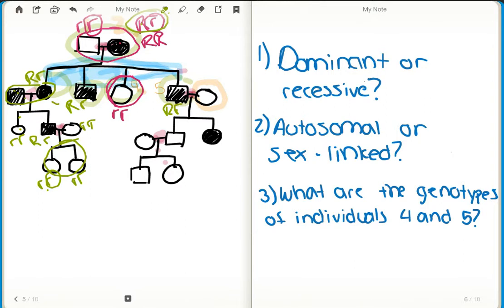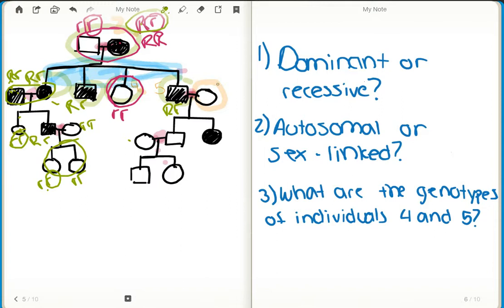So we still can't figure out the genotype of this individual, because they could either be heterozygous, we decided that, sorry about that, because they gave birth to a homozygous recessive child.